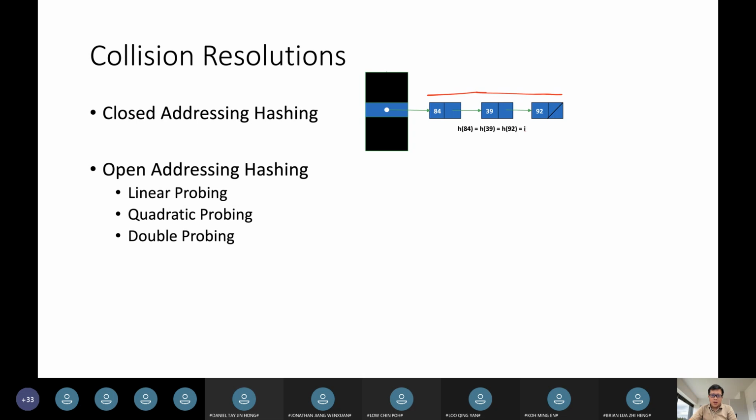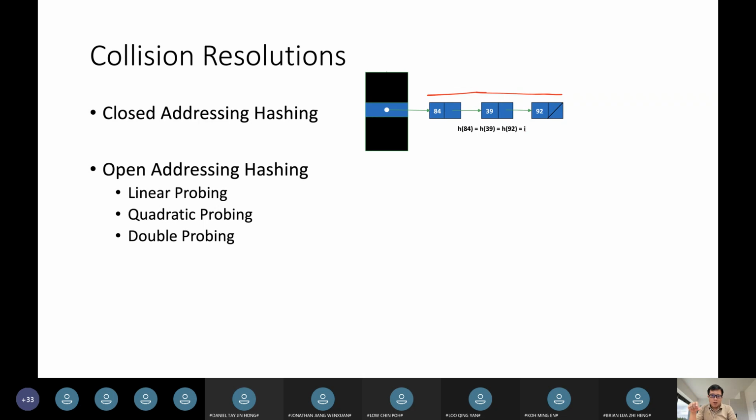Okay. And we also have another way to resolve the collision. That is called open addressing hashing. That's it. We store the key directly inside the hash table, and one slot has only one key.